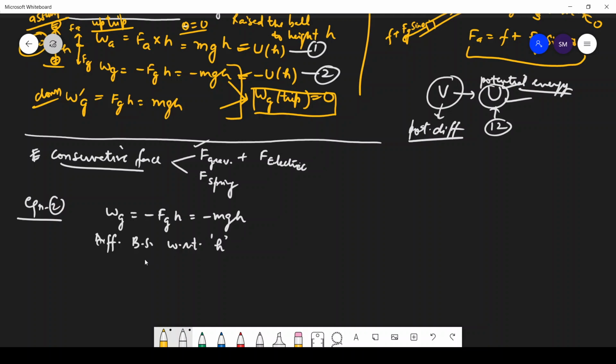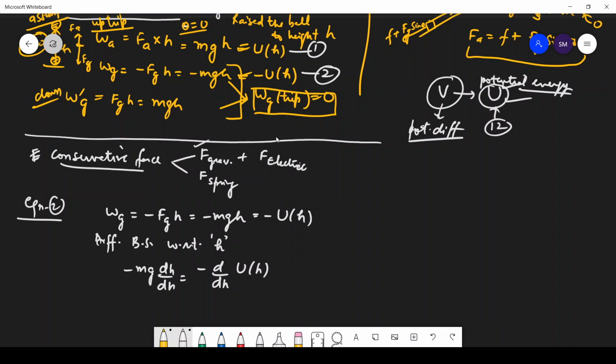Mg is constant, so taking outside d by dh of h, and that's equal to minus d by dh of U, stored as potential energy.